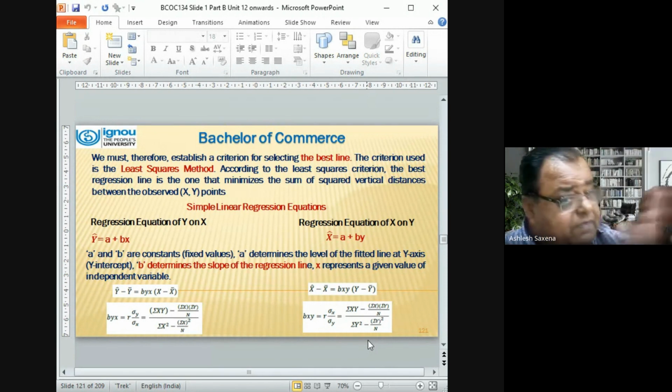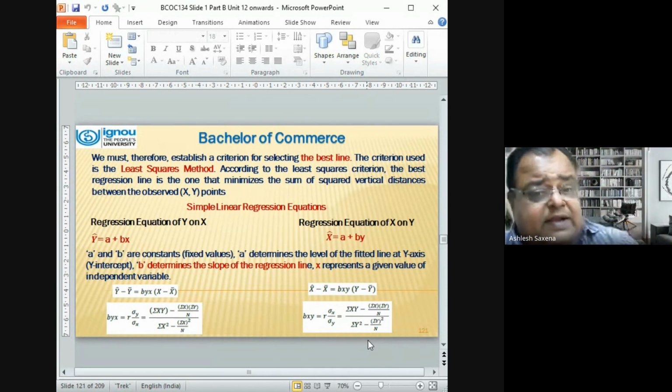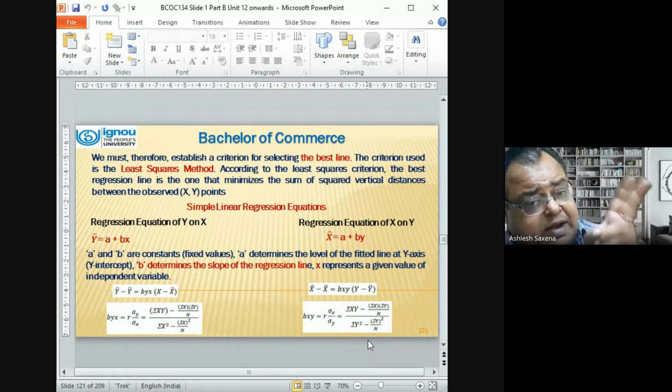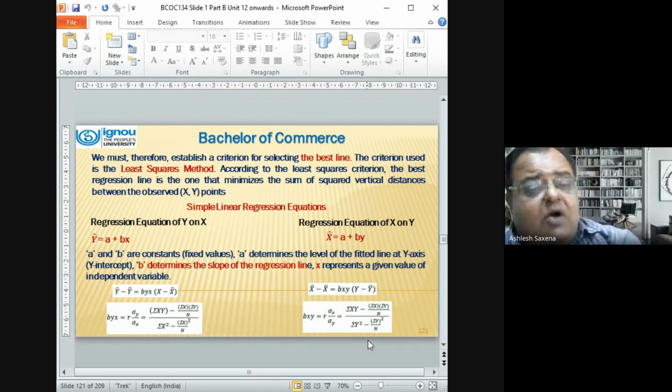Now, if we move to the other side, that means we are trying to get the other equation, that is the regression equation of x on y. So x and y will be interchanged. So x is equal to a plus by, and the equation will be x minus x bar equal to bxy times y minus y bar.